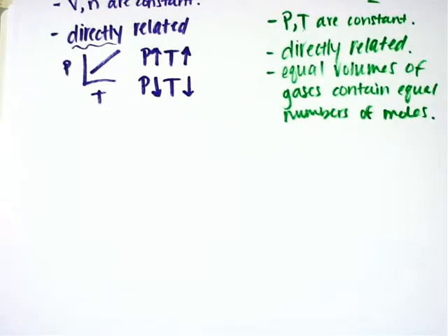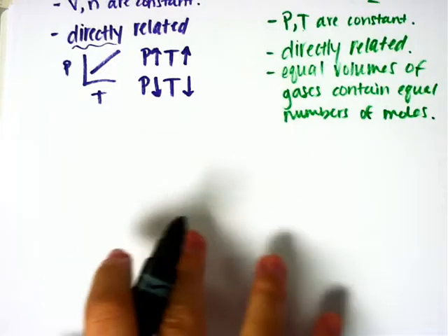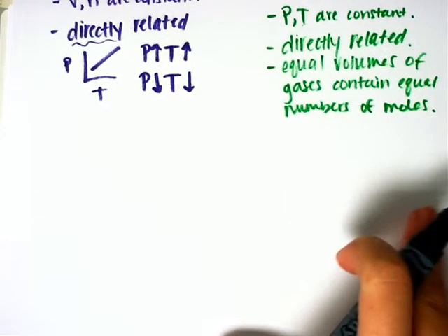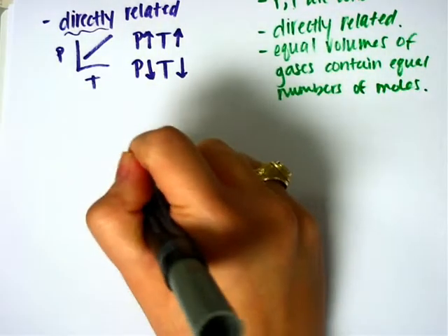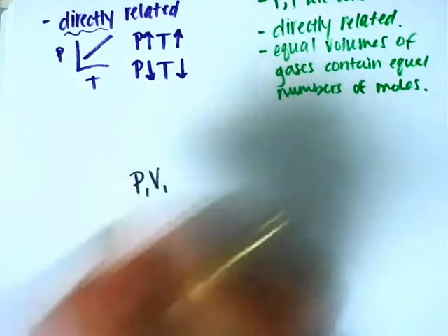So let's see. Pressure and volume. Are they on the same side or opposite side? They're on the same side. So they're on the same side, so we're going to write them in a line.